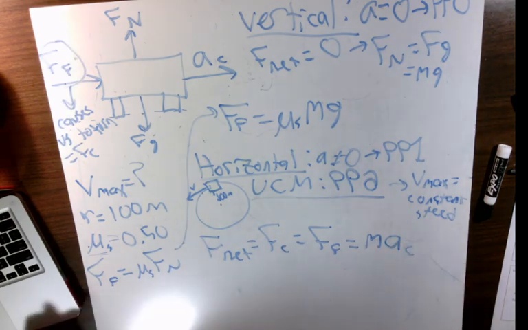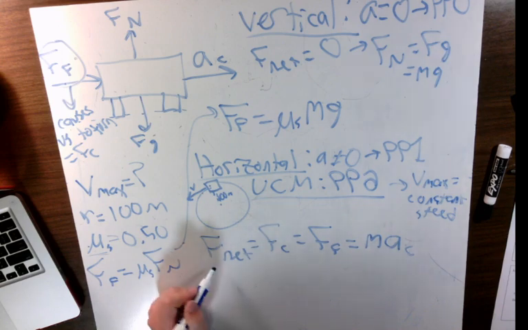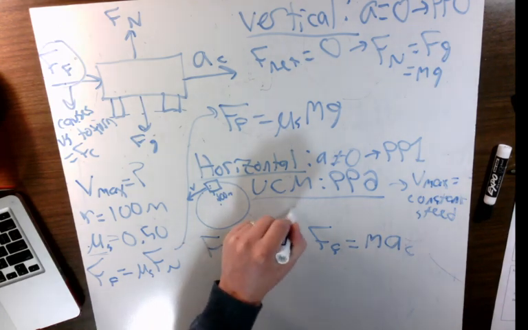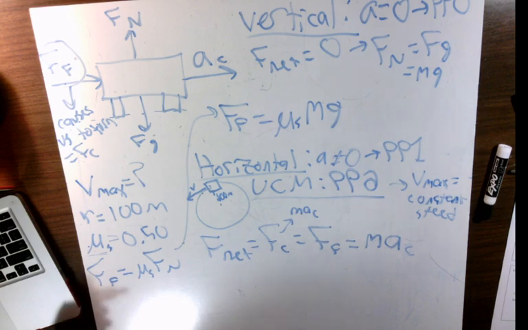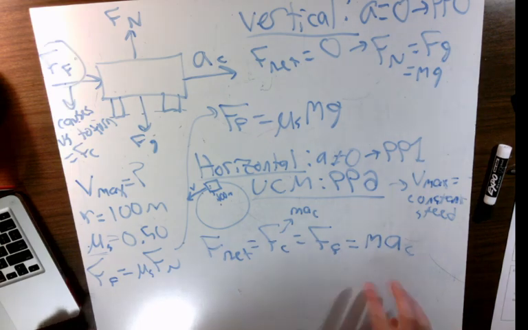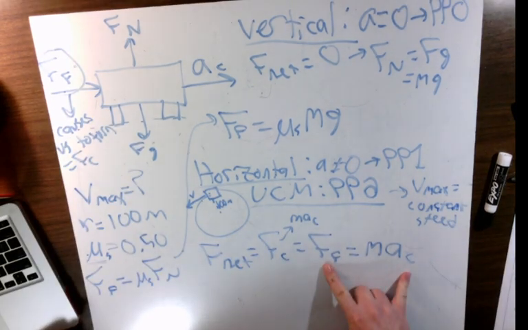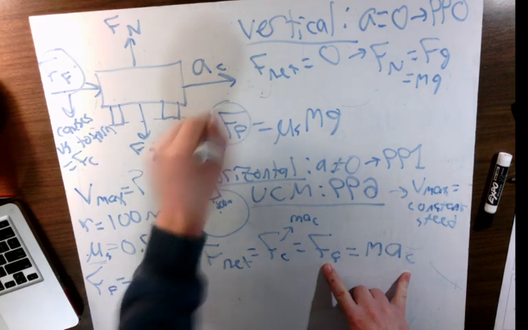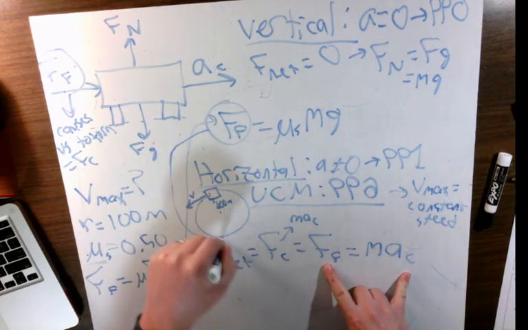So yeah, we're kind of just combining everything into one. So we know centripetal force is our mass times our centripetal acceleration, right? Here's our centripetal acceleration. We don't know our mass, but we're going to be able to substitute this into here.